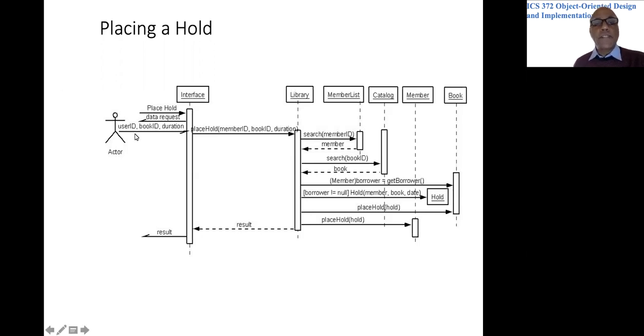So the user interface asks for the user ID, book ID, and duration. The library should have a method called place hold, which takes those three parameters.